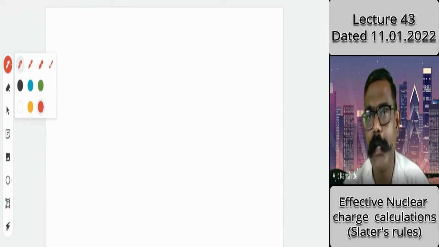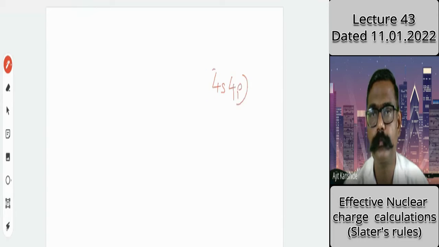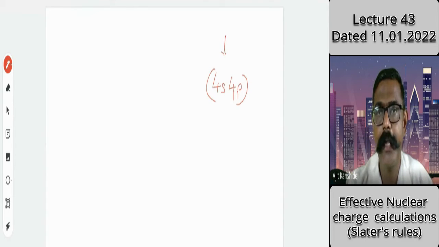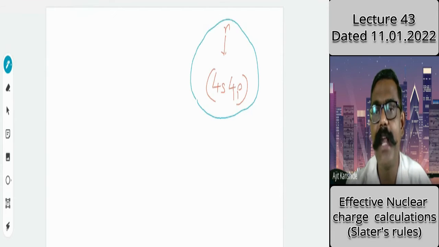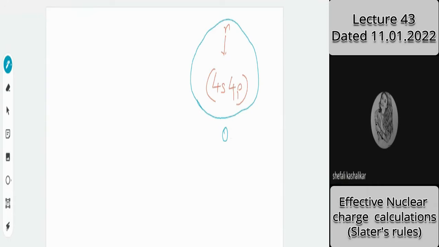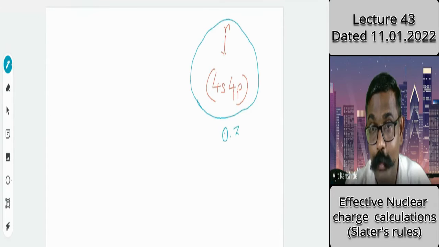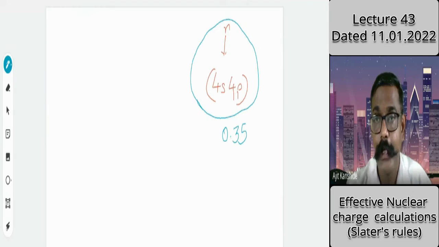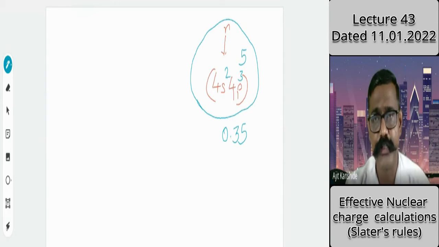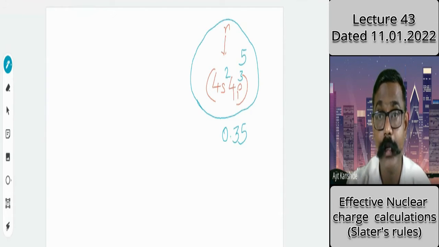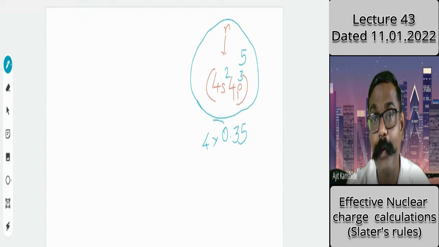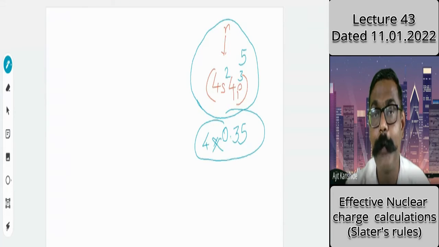To make this concept clear, I give you one more example. If I consider an electron present in the 4s and 4p group, it is my nth group. What will be the contribution from a neighbor? 0.35. Right. If 5 electrons are there in this group, for example 4s2, 4p3, then 4 electrons will be neighbors, and 4 into 0.35 will be the actual contribution.